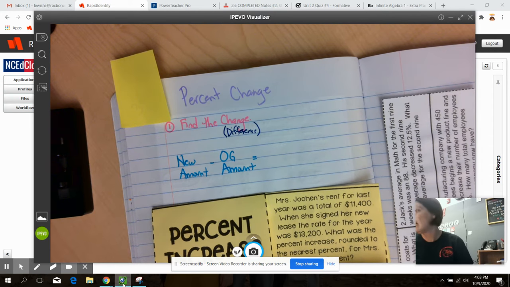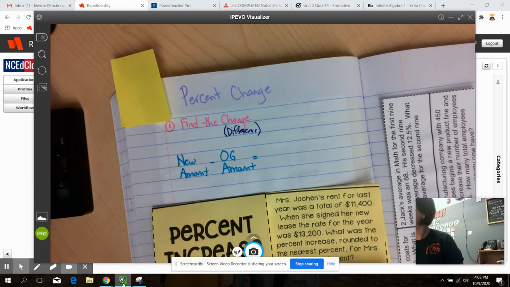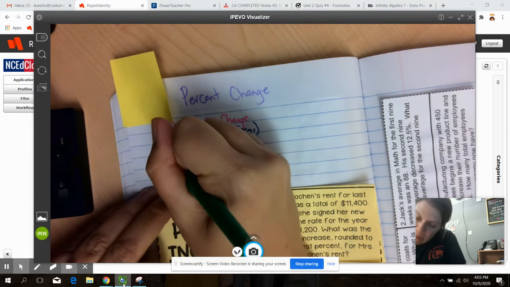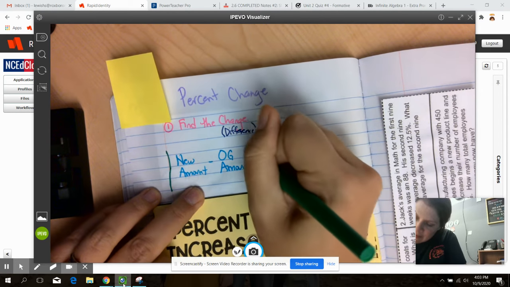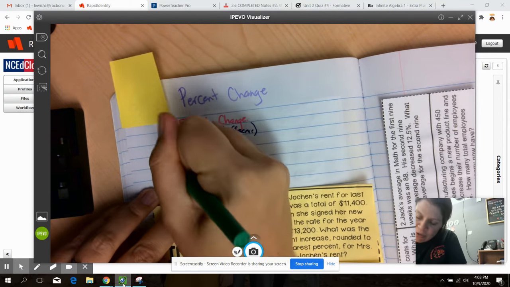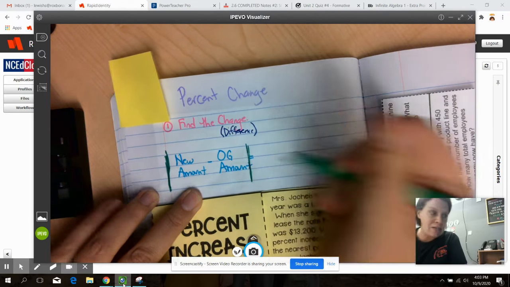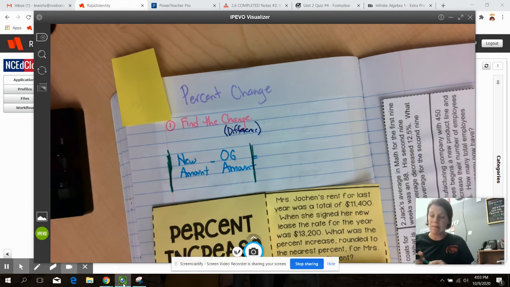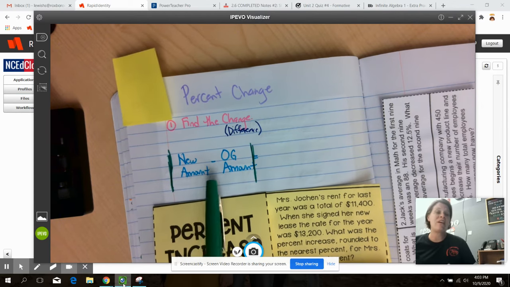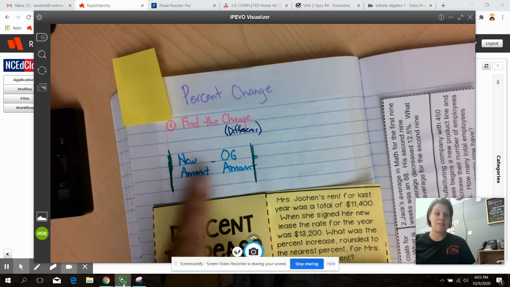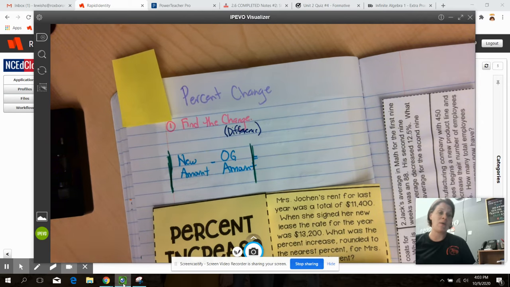Now we're going to do something that you may or may not remember. We're going to take the absolute value of that. The absolute value looks like this. It's the absolute value signs. You probably talked about it last year, but we'll talk about it in a couple of weeks as well. The absolute value wants us to find the distance from zero, so it's always going to be positive.